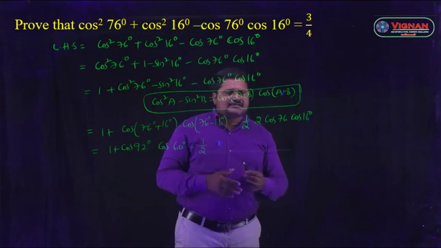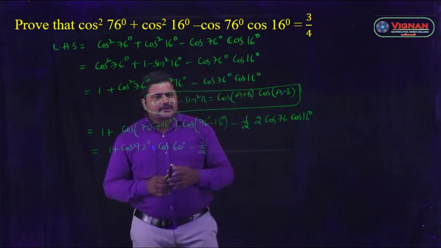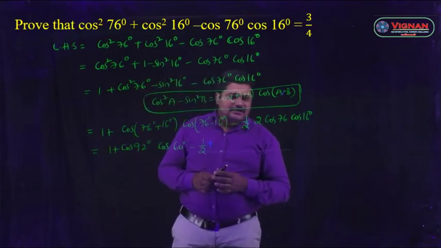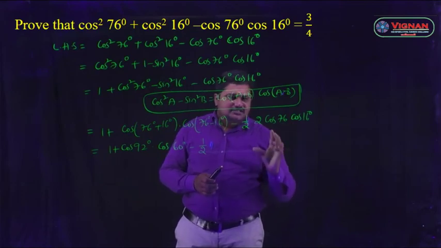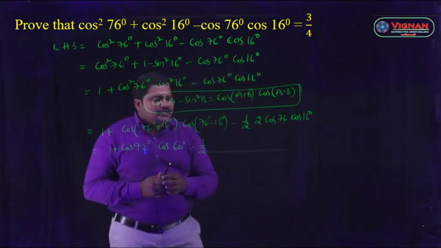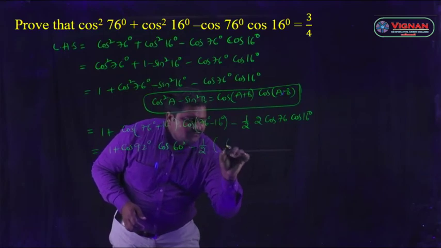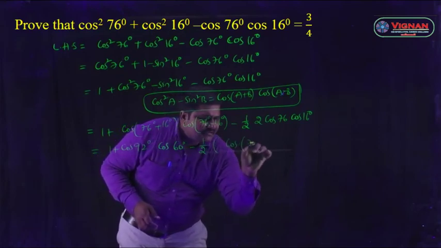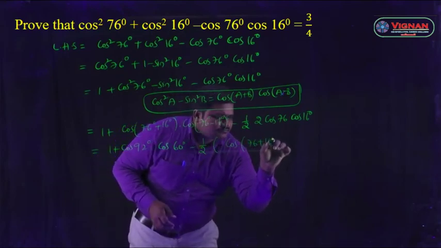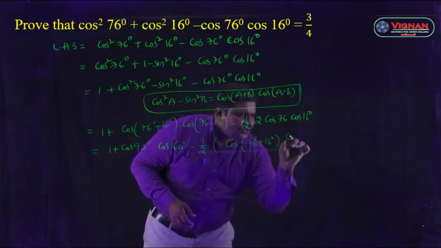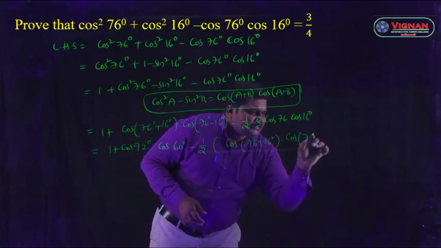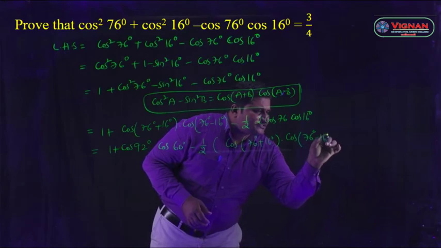Here we have to apply the formula 2 cos A cos B is equal to cos of (A plus B) plus cos of (A minus B). Then cos of (A plus B) means 76 plus 16 degrees, plus cos of (A minus B), 76 degrees minus 16 degrees.